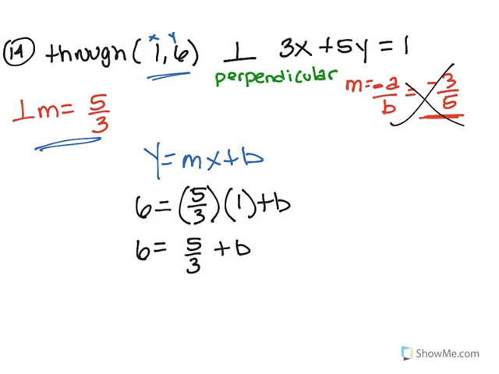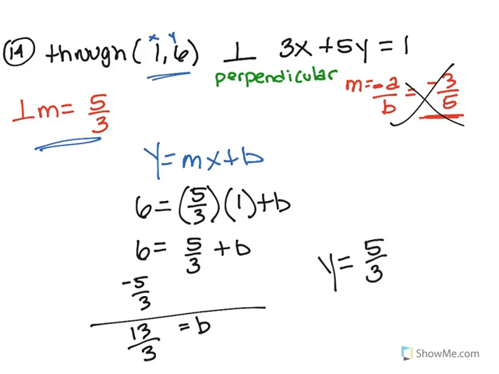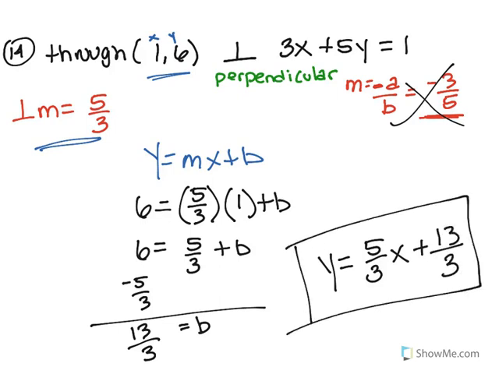And what are we going to do with 5/3? Subtract it. And what will that give us? 13 over 3. So we got y equals 5 over 3x plus 13 over 3. Y'all see that?